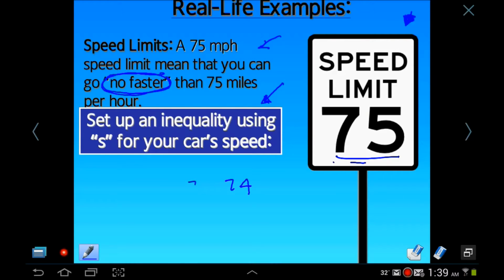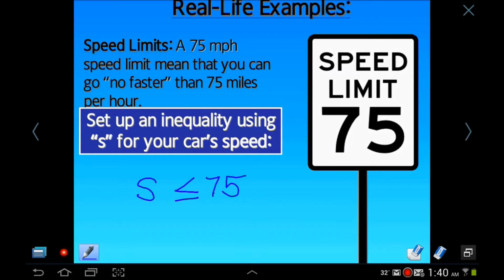You probably don't want to go too slow. There's actually a minimum speed limit as well, but I'm not going to get into that. No faster basically means that you can go less than or equal to 75 miles per hour. Okay, so let's put this all into a phrase. S, your car speed, is going to be less than or equal to 75 miles per hour. That is how that is done.